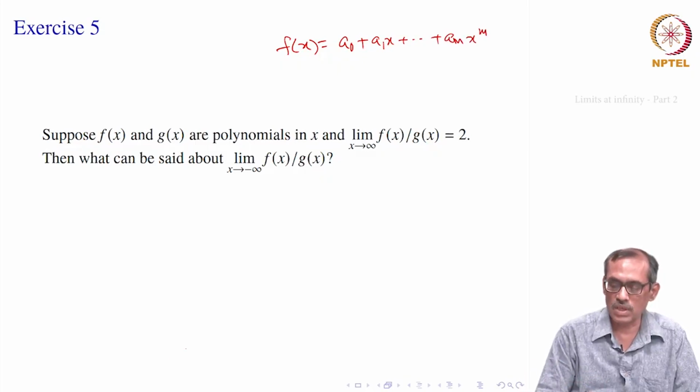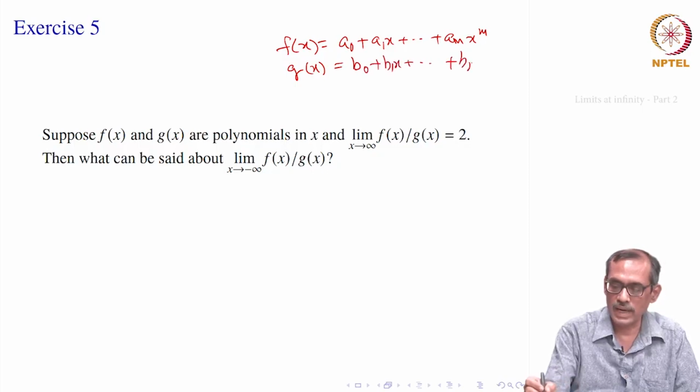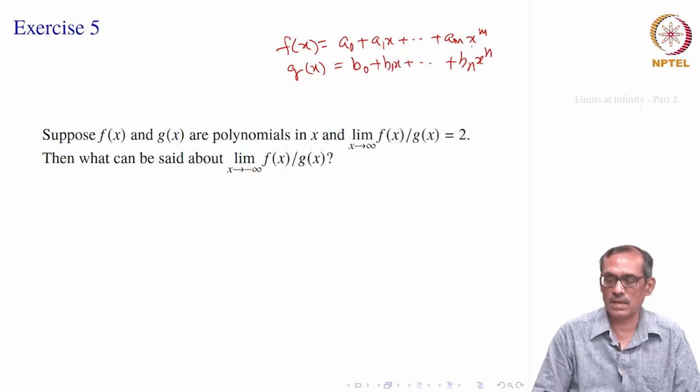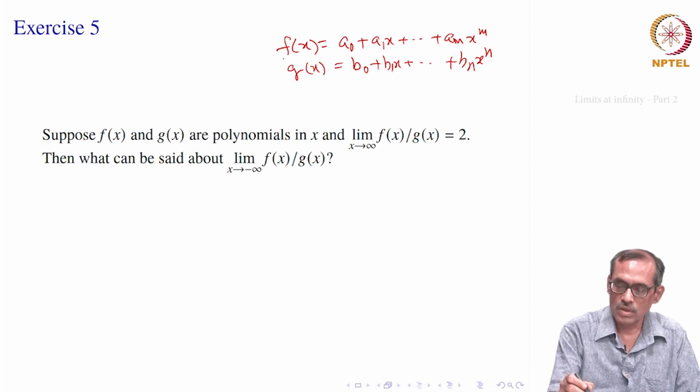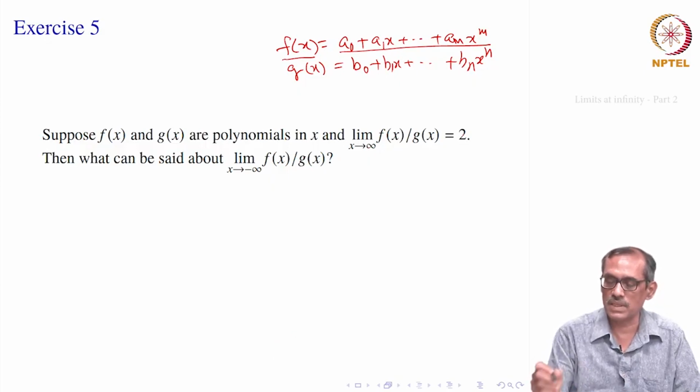And g x is also a polynomial in x, that may look something like b 0 plus b 1 x plus up to b n x to the power n. We do not know whether m and n are connected or not. That is how it looks. So, f x by g x would look something like this, and it is given that the limit of f x by g x as x goes to infinity equals 2.